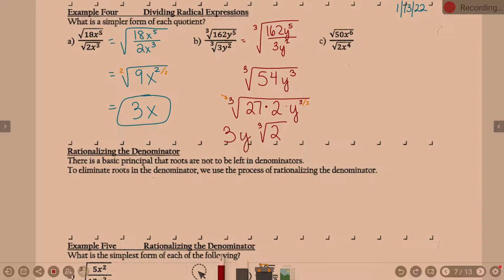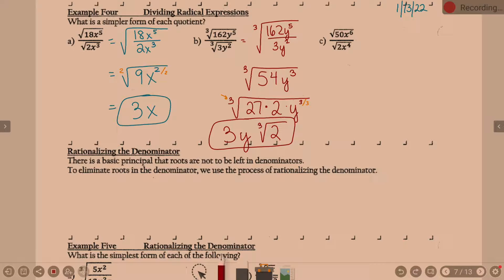Because I was able to simplify it outside. You can write y to the 1st if you want. I tend not to. So 3y cube root of 2. Some of what we did yesterday coming back to you in the midst of this? Because that's it. You can't forget what we did yesterday.